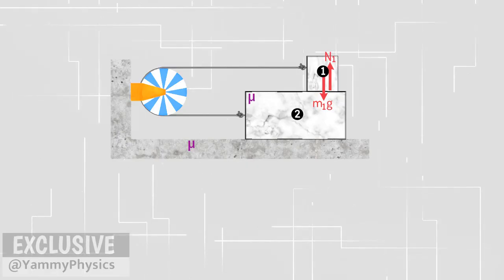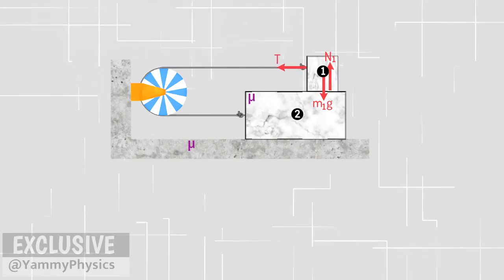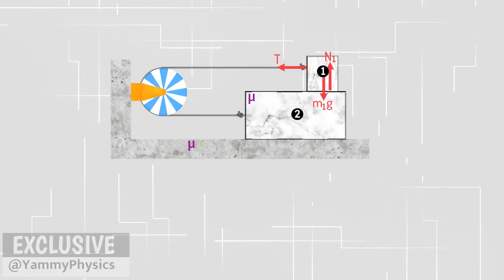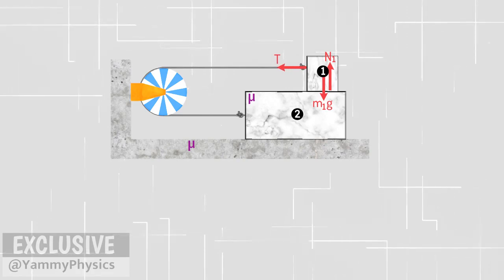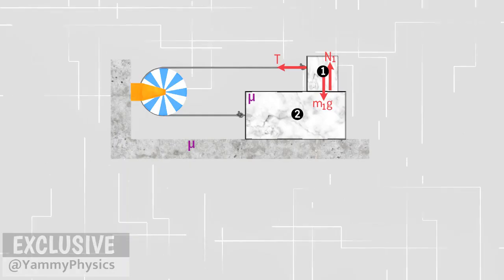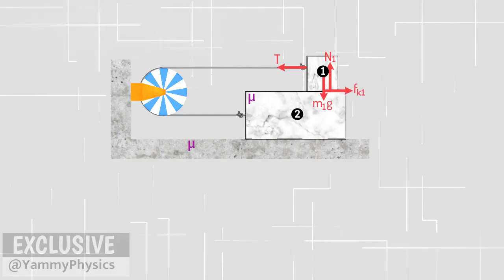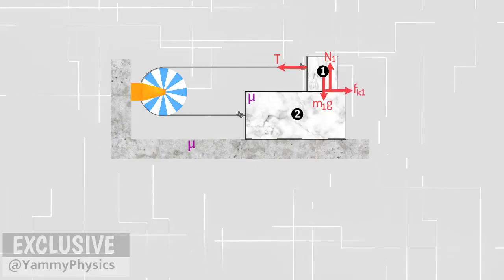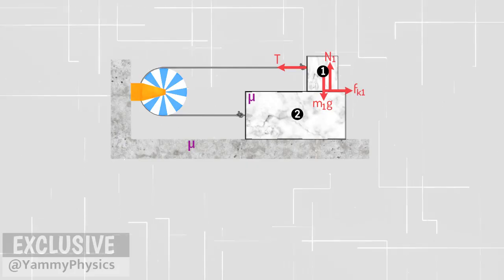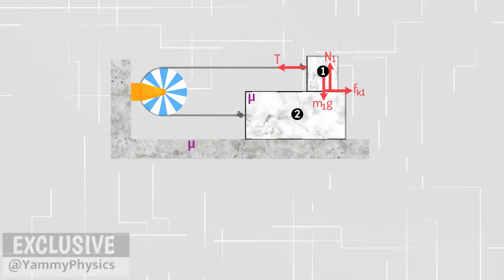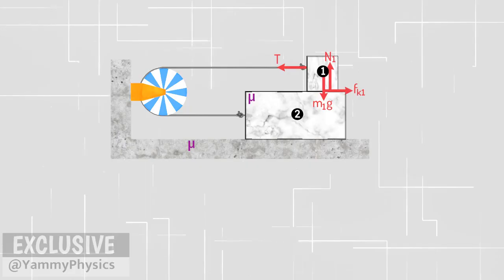This block is connected to a rope. There is a rope tension force T. The direction is in line with the rope. Because both surfaces of the block are rough, the upper block will get a static friction force to the right, Fk1. It seems that this is the only force diagram for block 1.